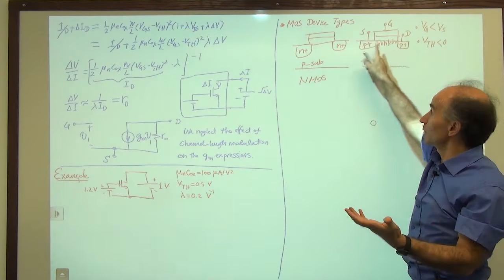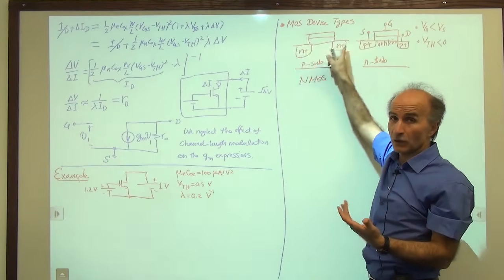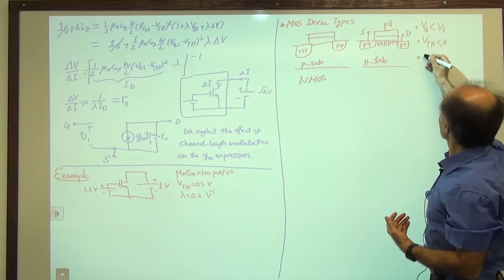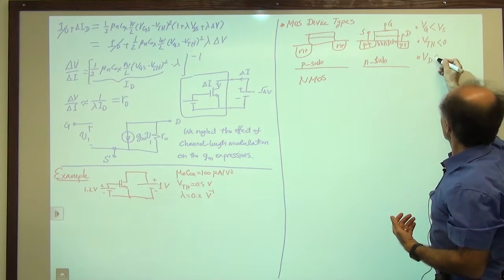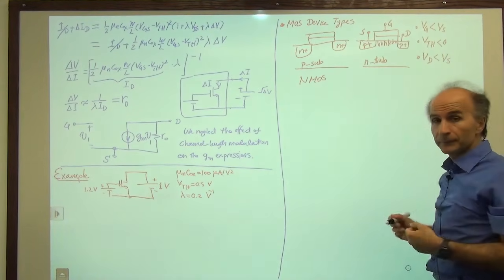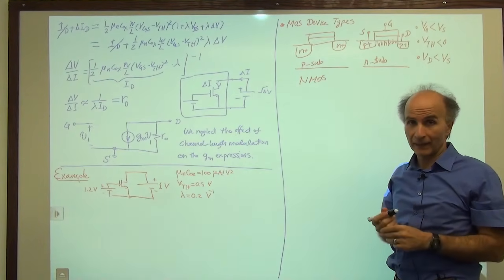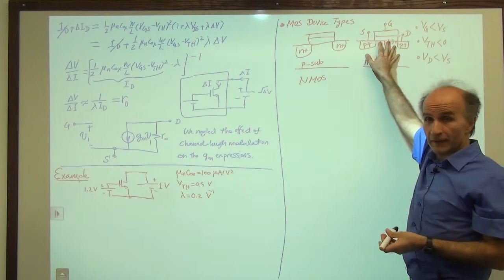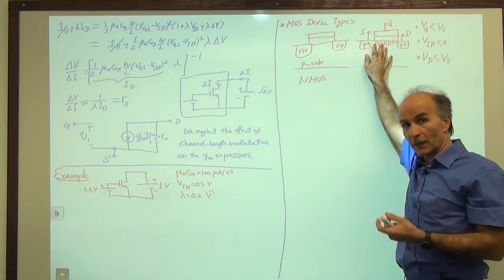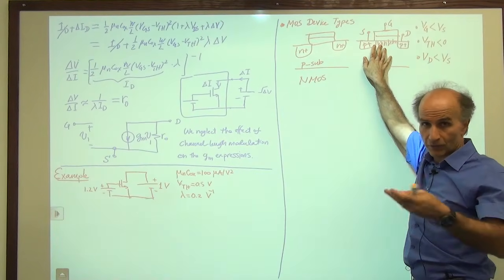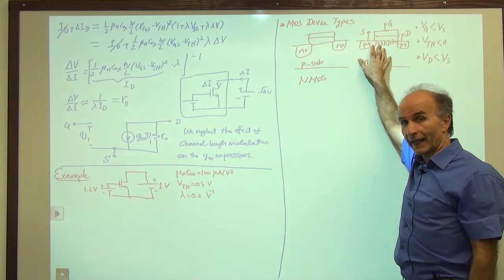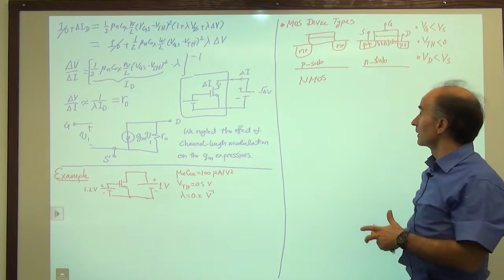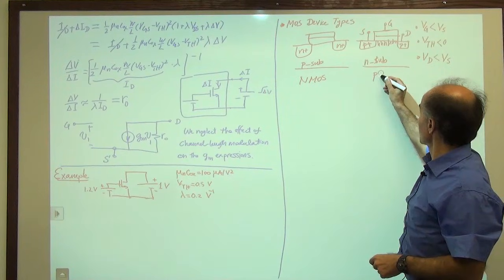Again, in contrast to what we had here. In this case, the drain was more positive than the source. So the drain has to be less than the source. All right, or VDS has to be negative. These are the conditions necessary for this device to conduct current and become a voltage-dependent current source, as opposed to the voltages that we had around the NMOS device. So this is what we call a PMOS device.